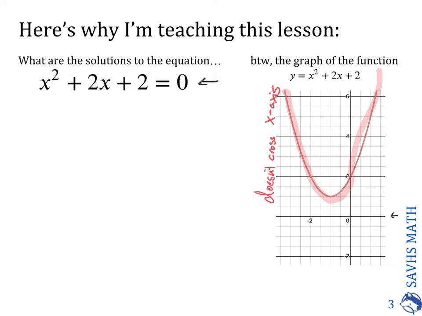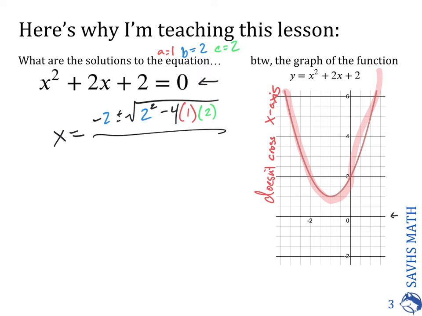So my first instinct is, well, I'm just going to use the quadratic formula here to see what happens. So x equals negative b, where a is 1, b is 2, and c is 2. So x equals negative 2, plus or minus the square root of 2 squared minus 4 times a, which is 1, times c, which is 2, all over 2 times a, which is 1.